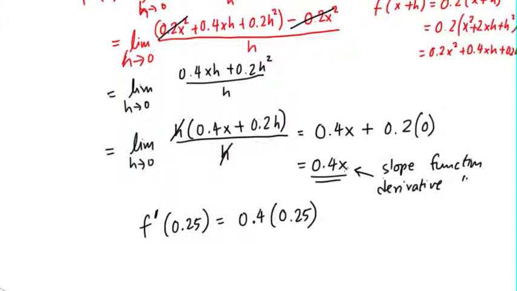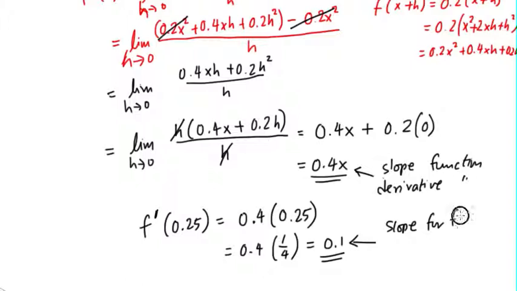Obviously 0.25 is a quarter, so that's equal to 0.1. What this means is the slope for f of x equals 0.2x squared, at x equals 0.25, is 0.1. Finally, we found the slope at a point for this quadratic equation. And the slope at that point is 0.1.